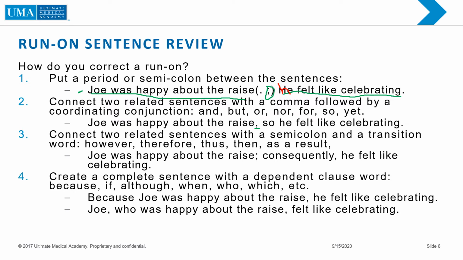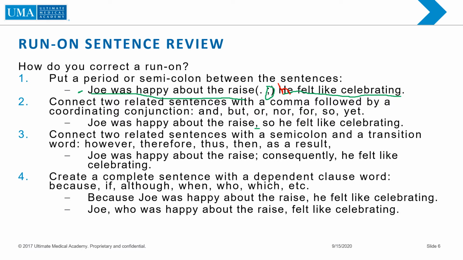Okay. Number 3: connect two related sentences with a semicolon and a transition word. Transition words are however, therefore, thus, then, or as a result. Okay? So: Joe was happy about the raise; consequently, he felt like celebrating.